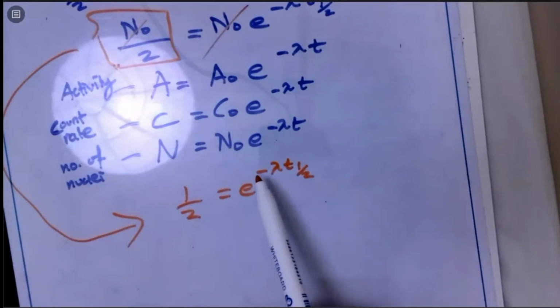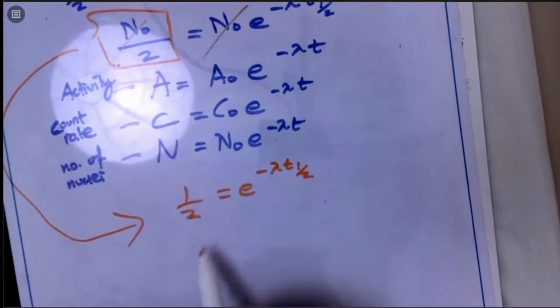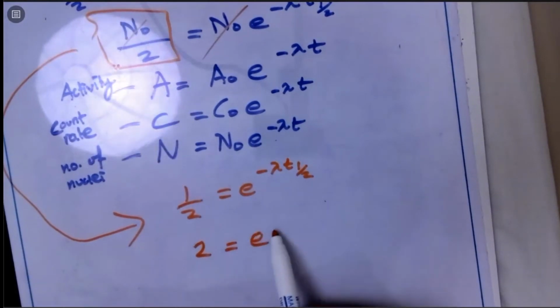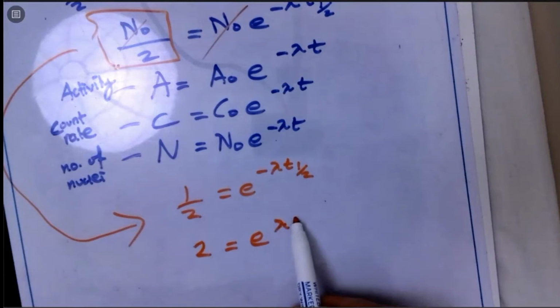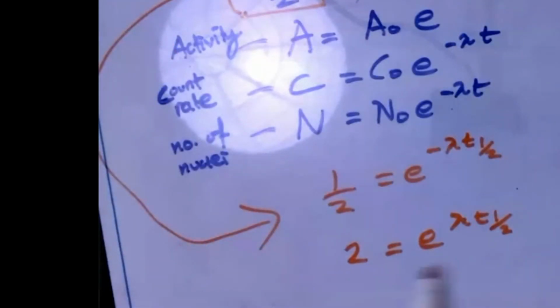Those among you will know that this minus sign means it's a reciprocal function. So I can rewrite this, making it positive, where I just flip this over. I can rewrite this as 2 is equal to e to the decay constant times t half. So we end up with this expression here.